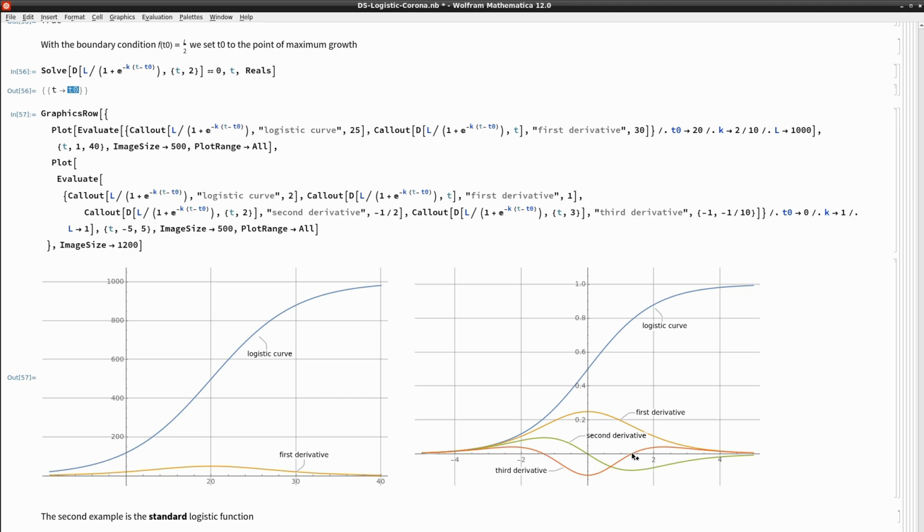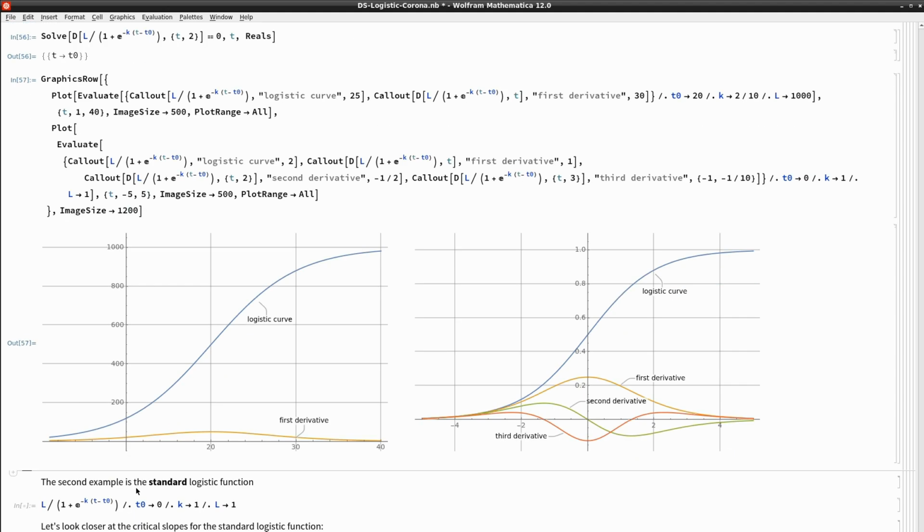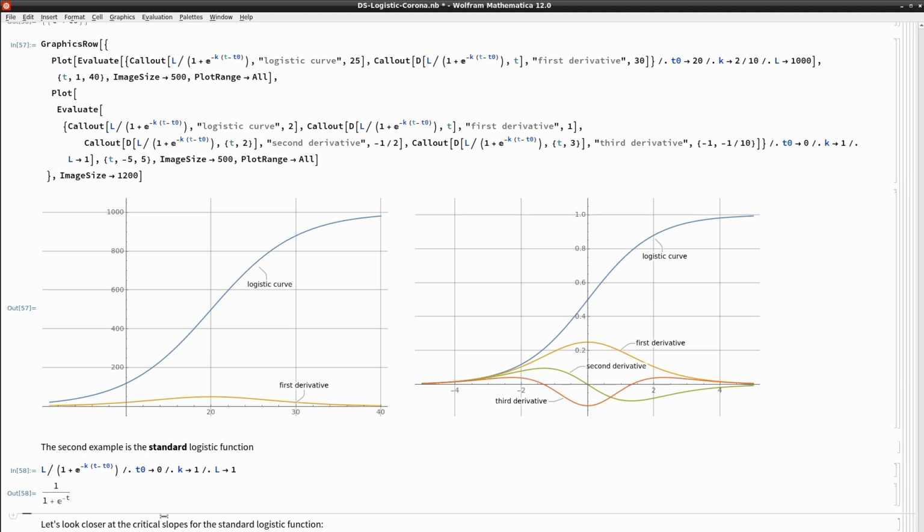Where we have a 0 in red, we have an inflection in orange and a minimum in green. All right, this is important to notice. This is how this logistic curve behaves, and this is exactly a behavior that I will need in my modeling later on today.